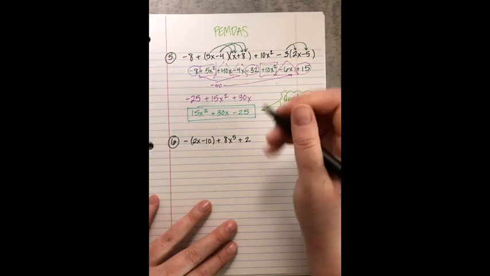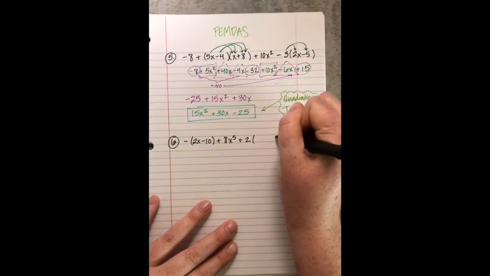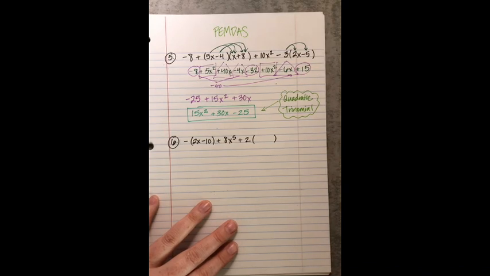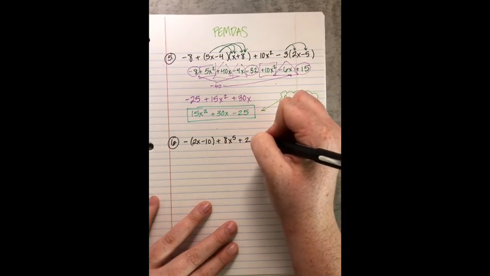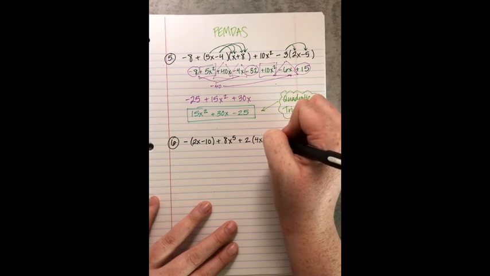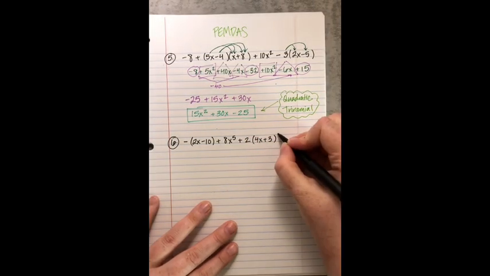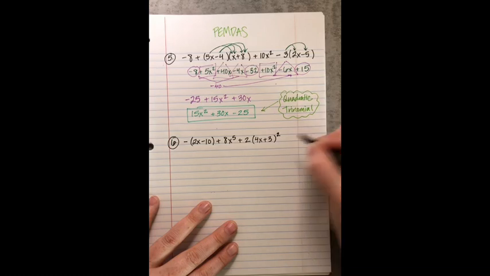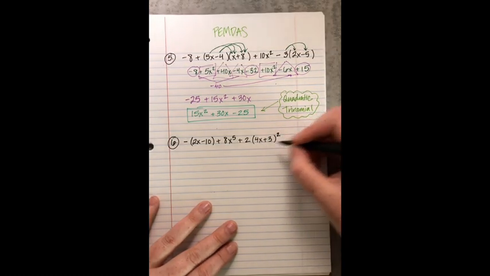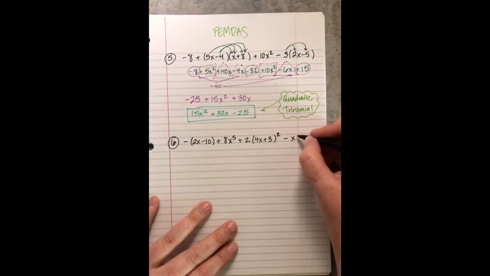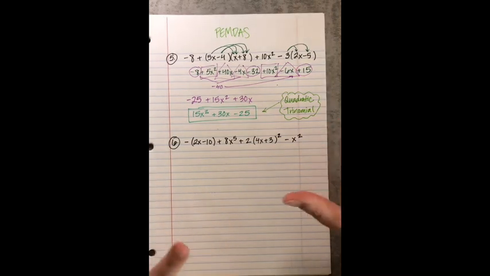And that 2 is right next to a set of parentheses. Inside is 4x plus 3. But wait, that set of parentheses is being squared. Ruh-roh. And at the very end, you're going to subtract x squared. Holy cow.